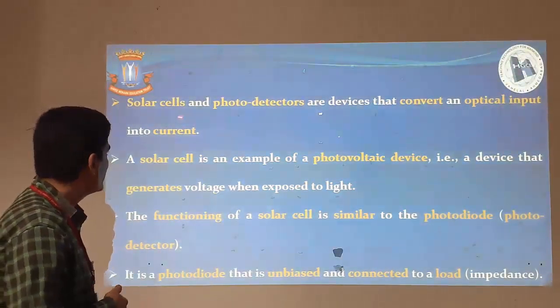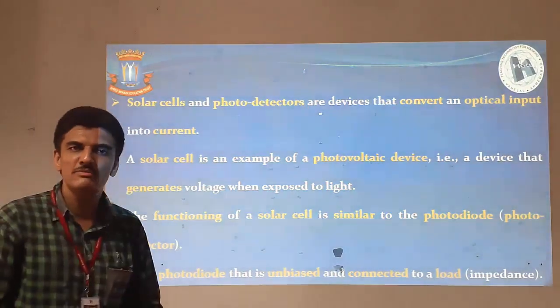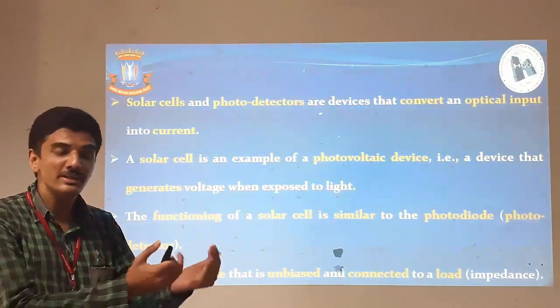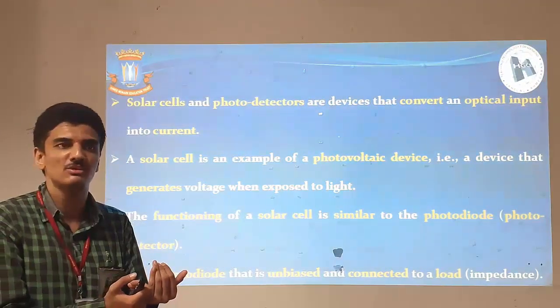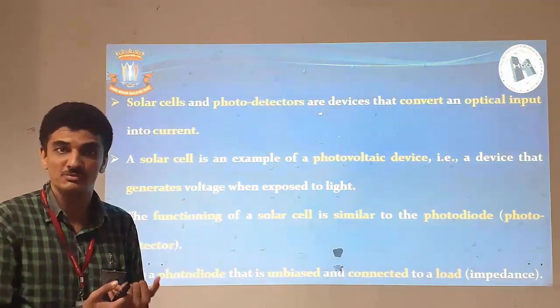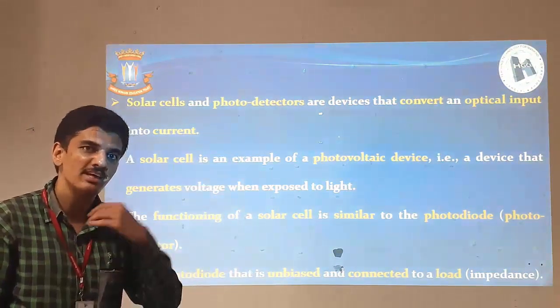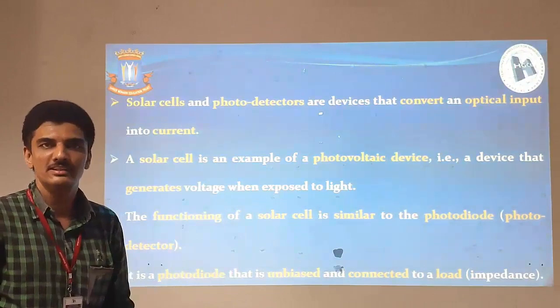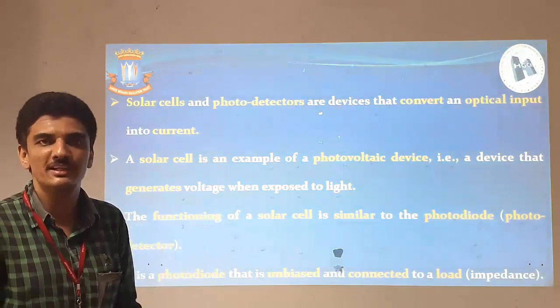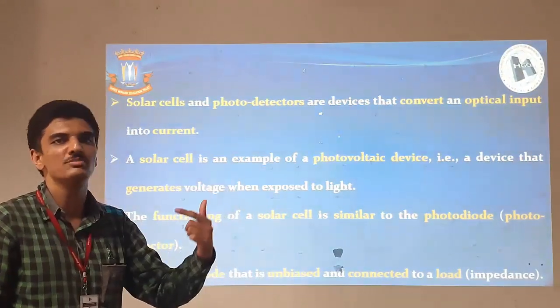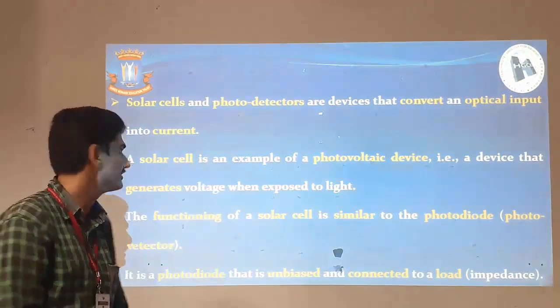Here, the photodetector and solar cell are two different devices. Photodetectors can only detect the photon rays or the solar radiations, but the solar cell will also detect the photon rays as well as convert the photon energy into electrical energy. So that is one advantage of solar cell with respect to the photodetectors.